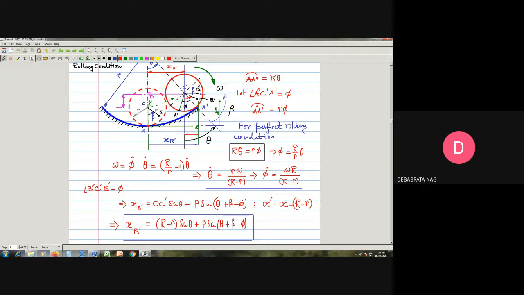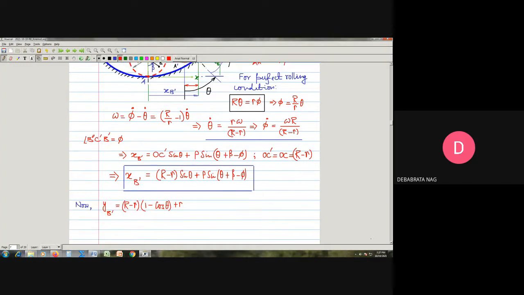So naturally the height from here is rho cos of theta plus beta minus phi, and that too in the downward direction. So it means it is below the C dash point, right? So I need to subtract from here rho cos of theta plus beta minus phi. So that is going to be the y coordinate for the point B dash.